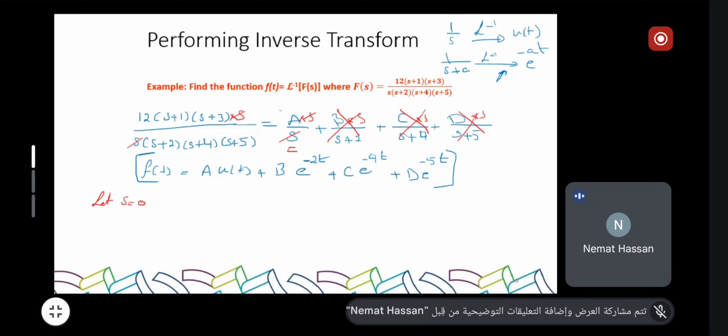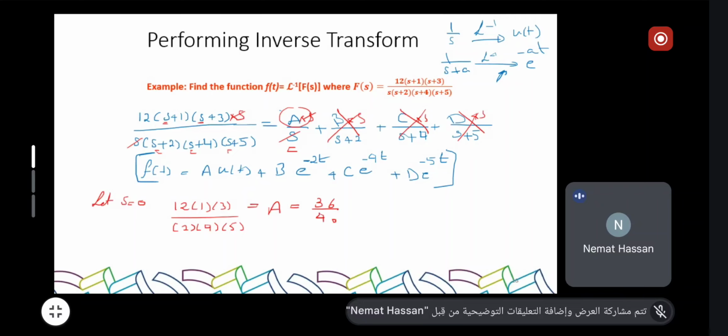And on the right hand side of the equation, the only thing I have left is A. And on the left hand side, I'm going to substitute in place of every S the value of 0. So it becomes 12 times 1 times 3 divided by 2 times 4 times 5, which means that A is equal to 36 over 40.